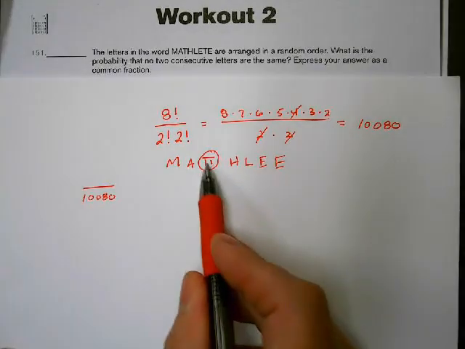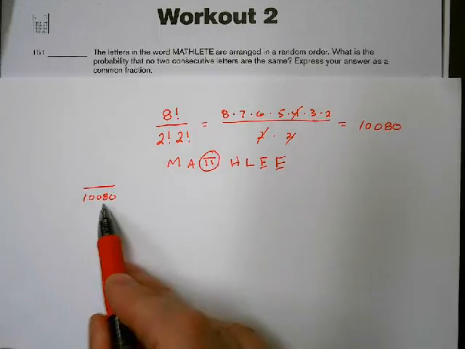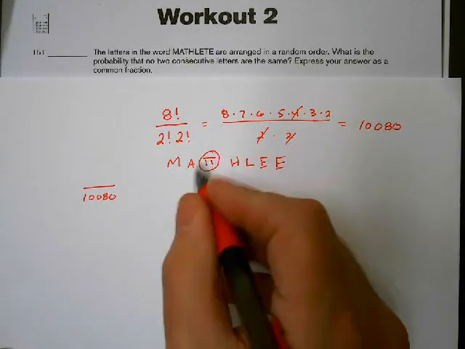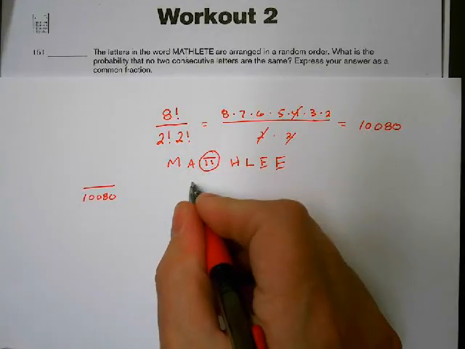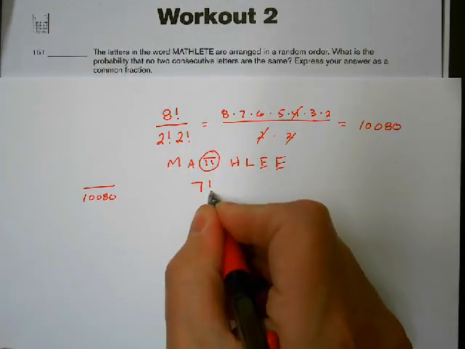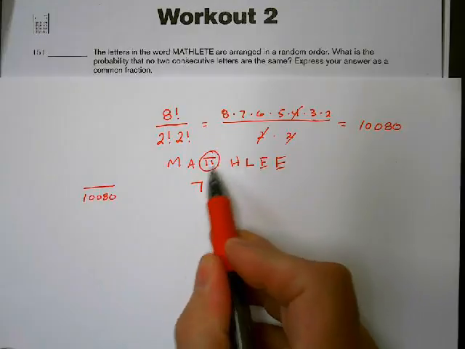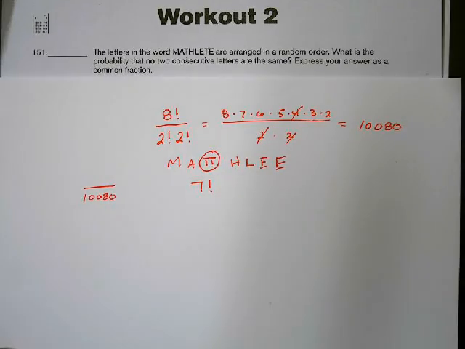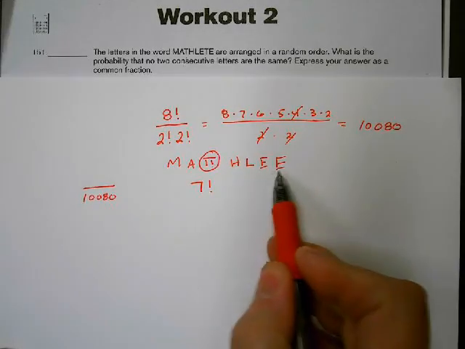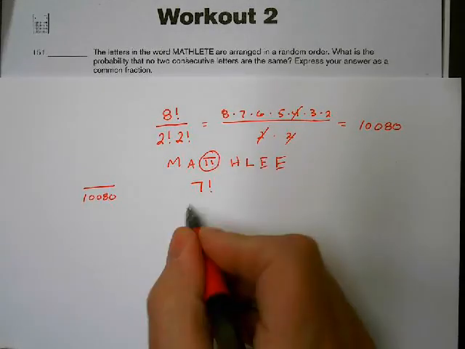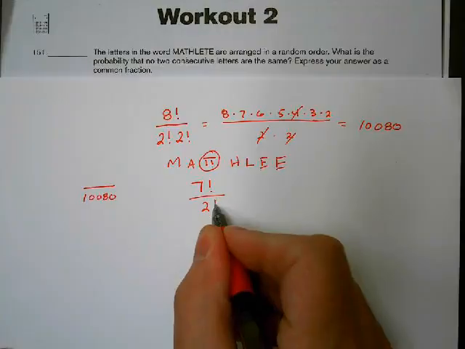So we don't want this to happen, so we're going to want to remove them from the possibilities. There are 7 factorial ways that we can do that, because we're pretending that this double T is just one thing moving around together. But we also have these 2 E's that are the same, so we're going to divide this out.